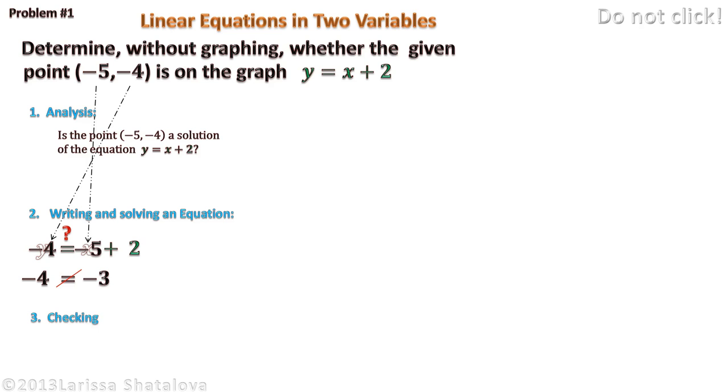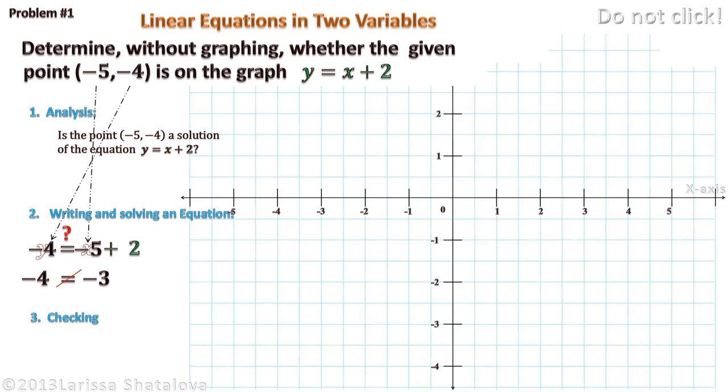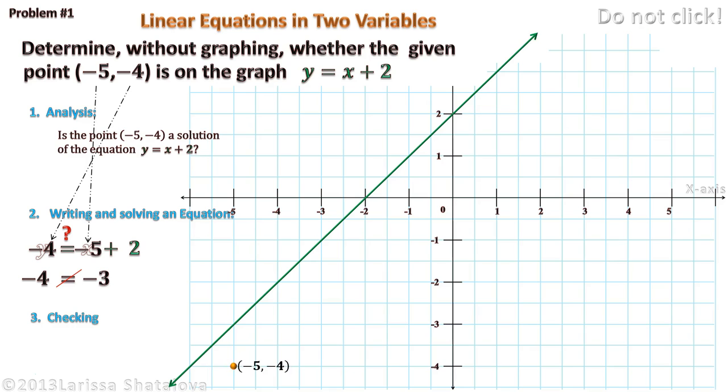Now we want to check our conclusion. In this case, we can check our conclusion by drawing the graph of the equation y equals 1x plus 2. So we will see the graph, and then we can plot the point with coordinates -5 and -4, and we can see very clearly whether the given point -5, -4 is on the graph or not.